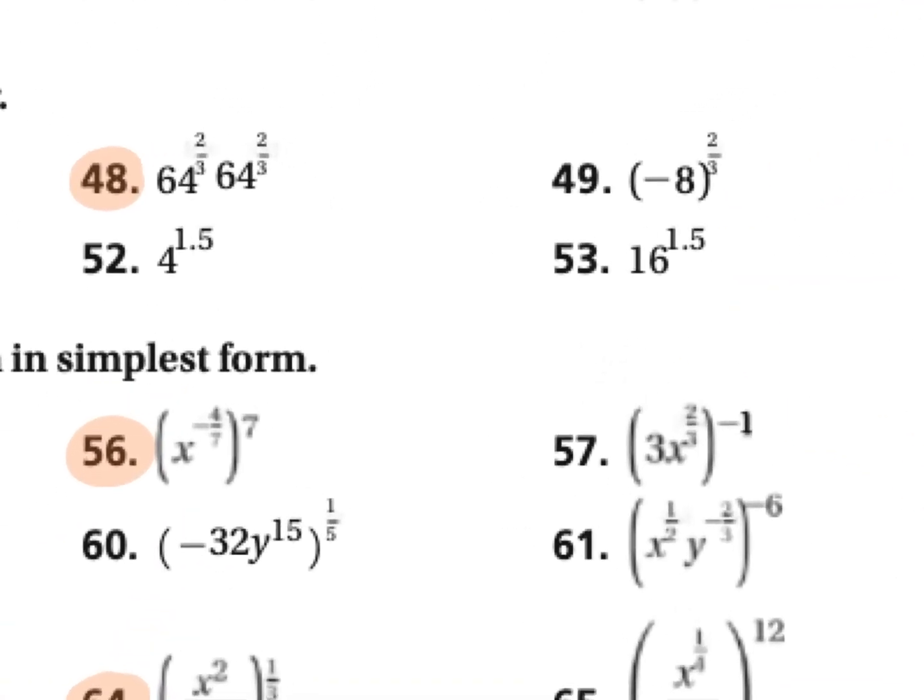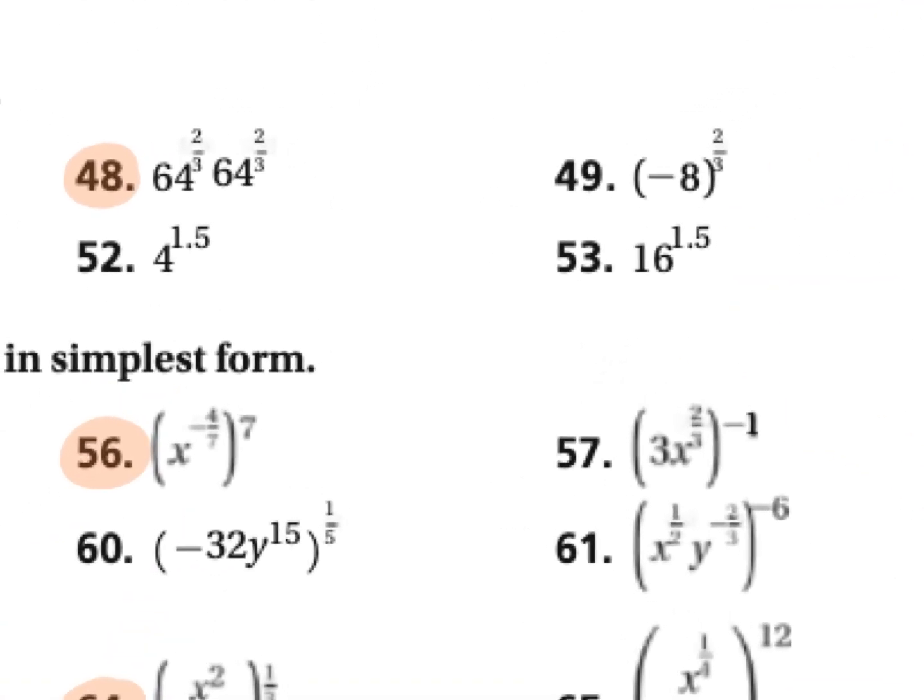Number 48. So 64 to the 2/3 times 64 to the 2/3. The way I would probably do this is I would add my exponents here because we have the same base, okay? I would probably make this 64 to the 4/3 power. And then from there, what you can do is break it down into radical form.